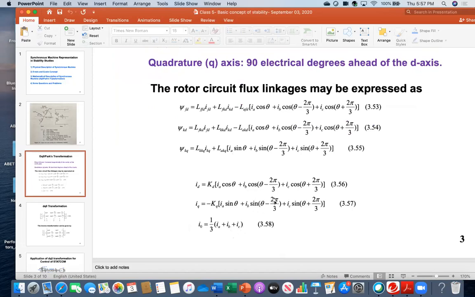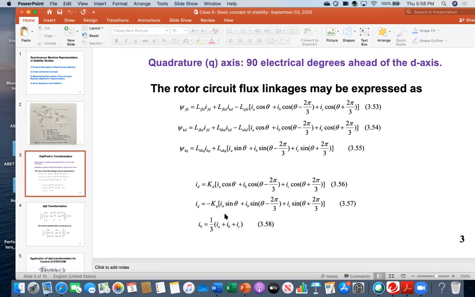As I was telling her, A phase, B phase, C phase, the 3 phase is converted into only 2 components to make a similarity: there is A phase, B phase, C phase, and on the other side also there are 3 quantities, ID, IQ, I0. Later the engineer said, not only just 2 components, D and Q, let's relate it with the zero sequence component, which is I naught.